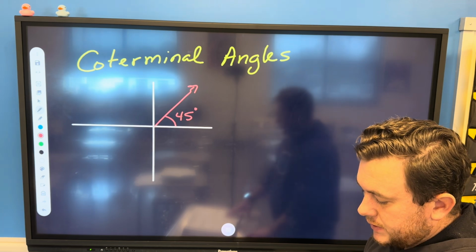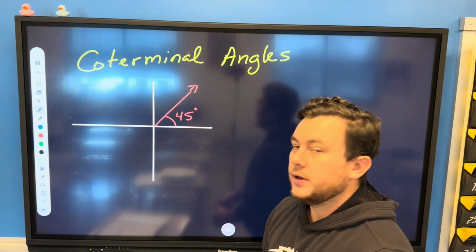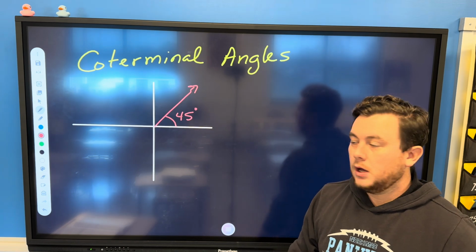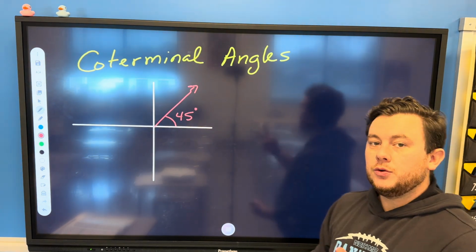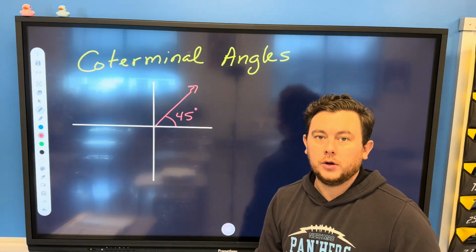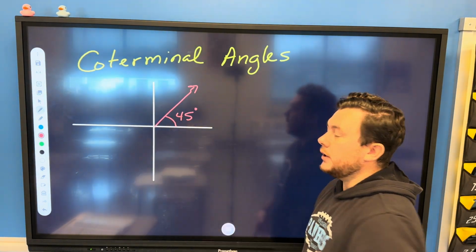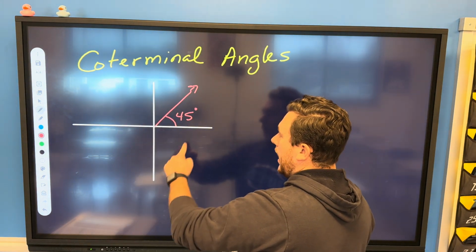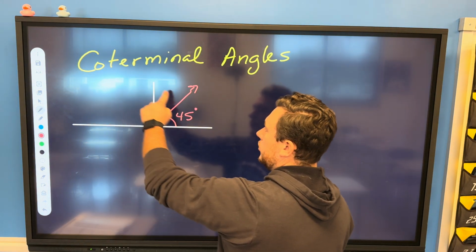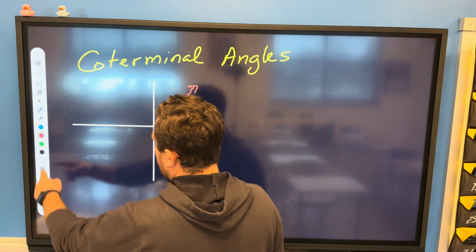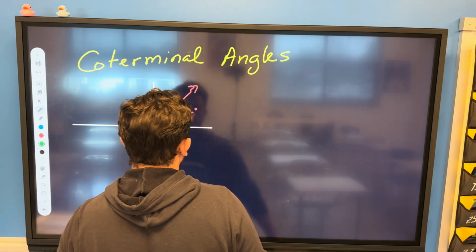Coterminal angles show the difference with one rotation around the circle. So we can give two different types of coterminal angle that are still equivalent to this 45 by going all the way around the circle in different directions. Let's look at the first one.